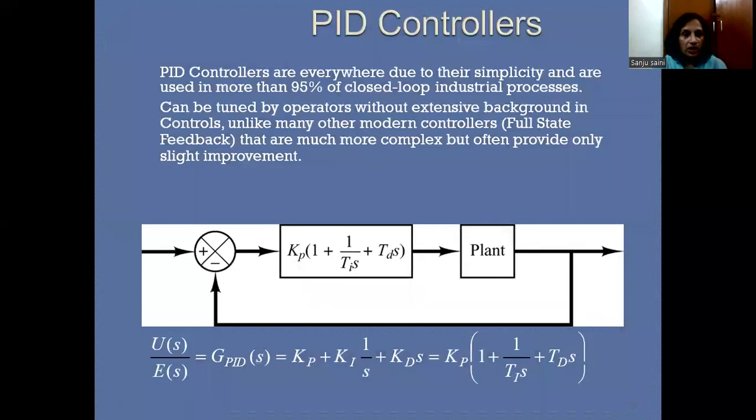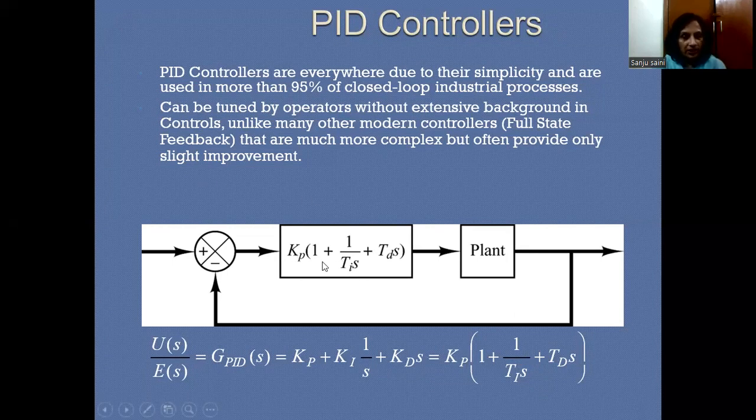PID controllers are everywhere due to their simplicity, and they are used in more than 95% of closed loop industrial processes. When we talk about tuning of the PID controller, there are basically three parameters within it: KP, KI, and KD.